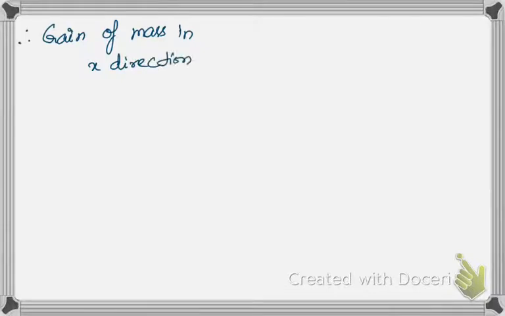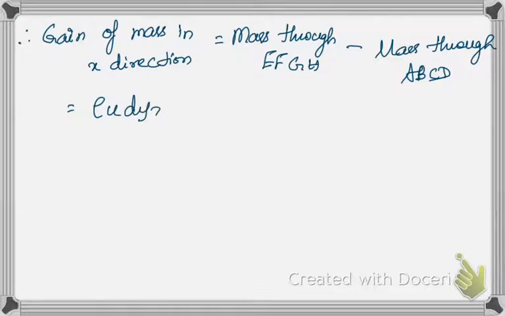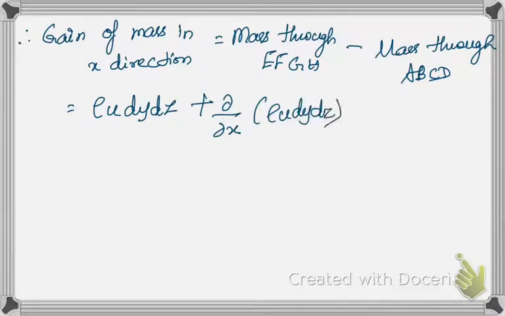Some amount of mass of fluid is entering the element and a certain amount is leaving. Therefore the gain of mass in x direction is going to be the mass through the face EFGH minus the mass through ABCD, which is equal to rho u dy dz plus dou by dou x of rho u dy dz into dx, minus rho u dy dz.